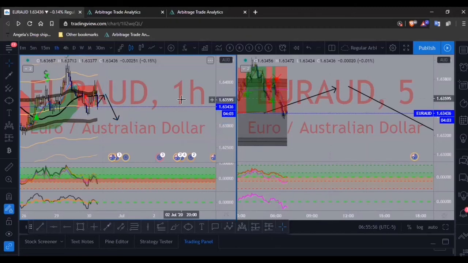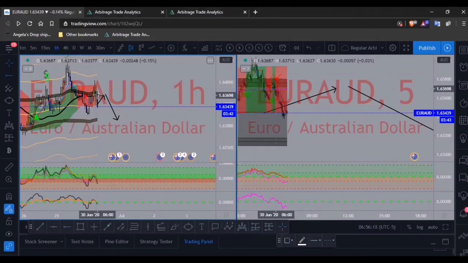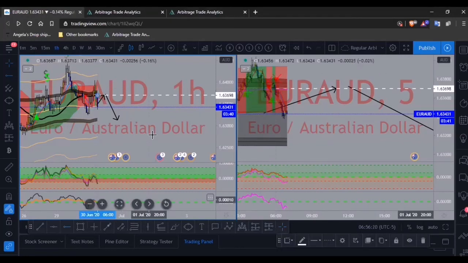Okay. Does that answer your question for EA, Danny? I know that you asked for it. Yeah. So for what level are you expecting to retest and then drop again? So I would wait for the RSI line right here at 1.63698 or 1.63700.